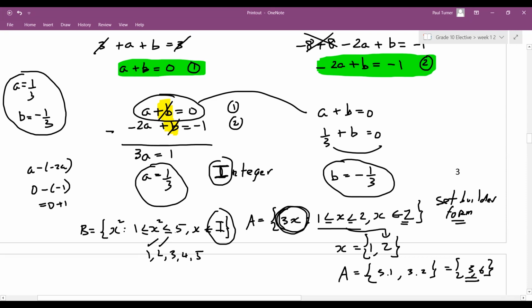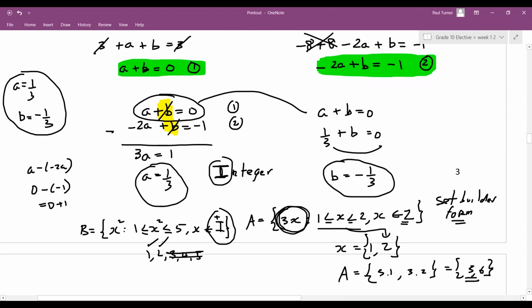Okay. But when you get to 3, 3 squared is 9, and you're not between 1 and 5. So no more numbers can be used. Oh, also, I should say positive integer, because negative integers could give you some answers as well, because -1 squared is 1. So let's stick with positive integers.